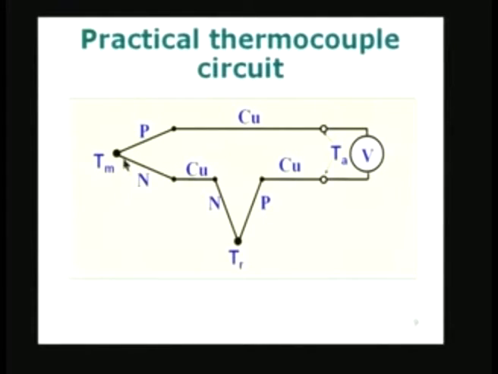Similarly here, therefore, the P and N materials have variation of temperature along their length only close to the junction here, and therefore, why waste the material P far away from it. Similarly, for the junction at the reference temperature. Therefore, I am saving a lot of high quality thermocouple wire by substituting it with copper wire.